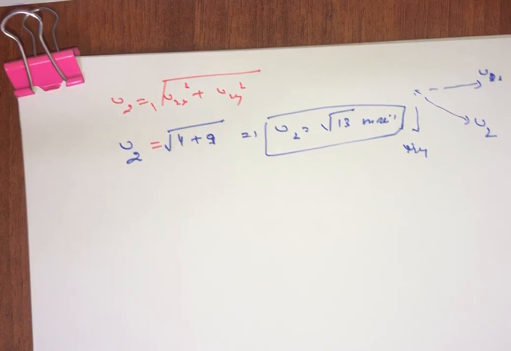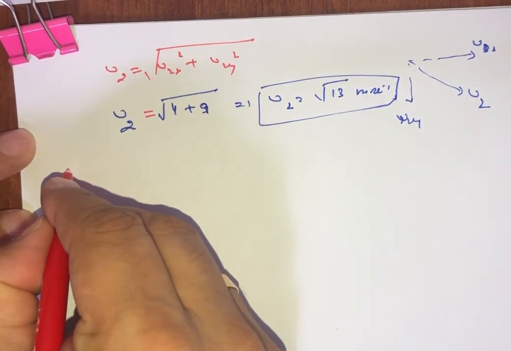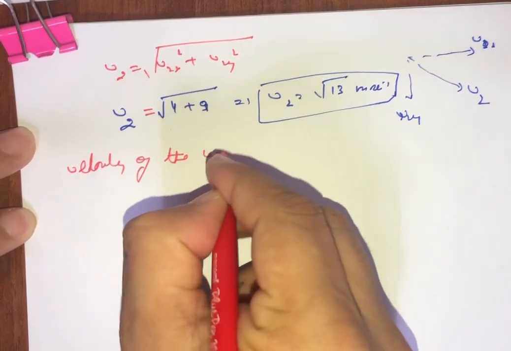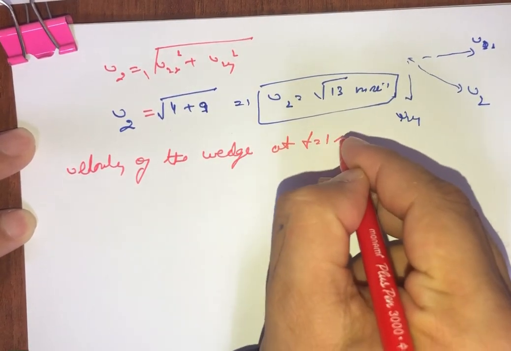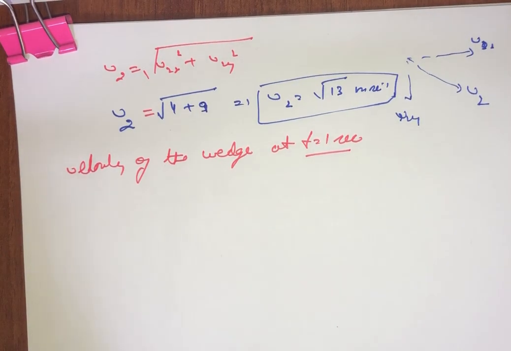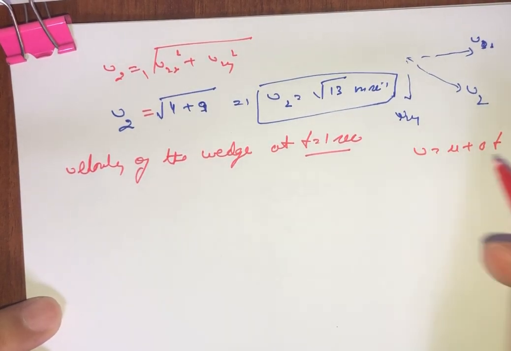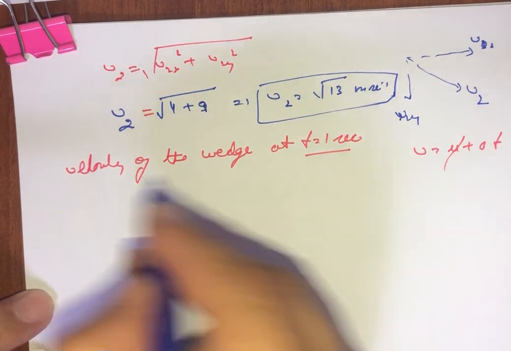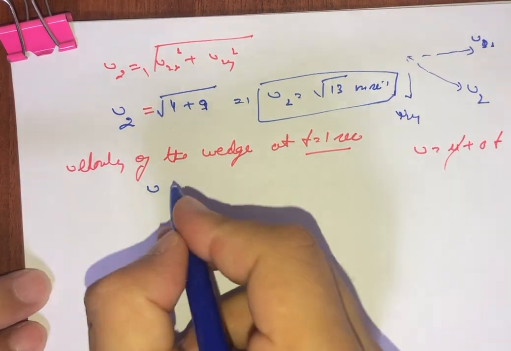And the last part is the velocity of the wedge at t is equal to 1 second. Once again we can use the formula v is equal to u plus at, and it starts from rest, so u will be 0. Let us represent the velocity of the wedge as v3.